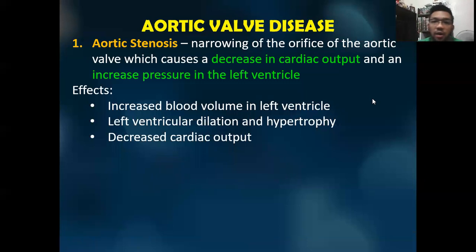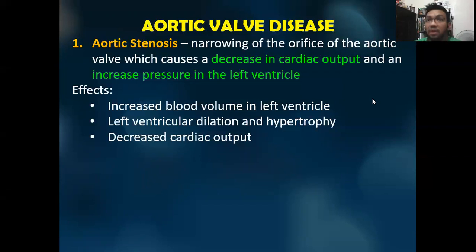Next, aortic valve disease. So the first is aortic stenosis. There's a narrowing in the orifice of the aortic valve, which causes a decrease in cardiac output and an increased pressure in the left ventricle. So we are talking about the aortic valve now. Since there's a narrowing in the aortic valve, the blood flow will not go through it, and instead it will go back into the left ventricle.